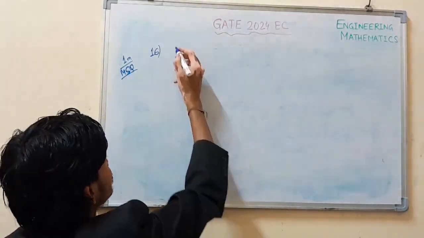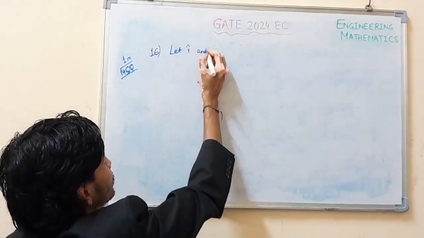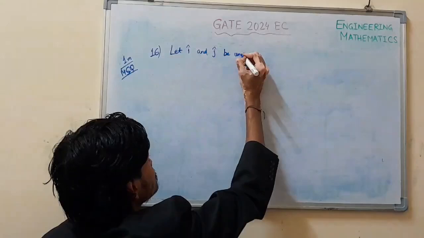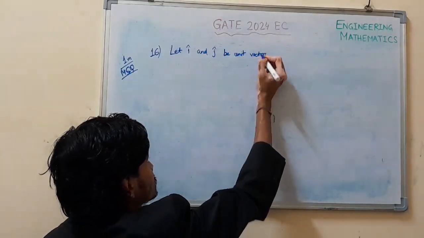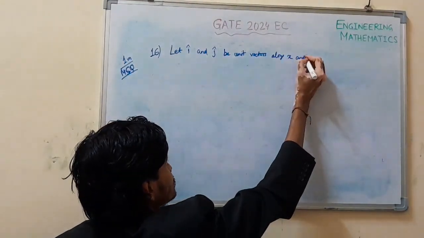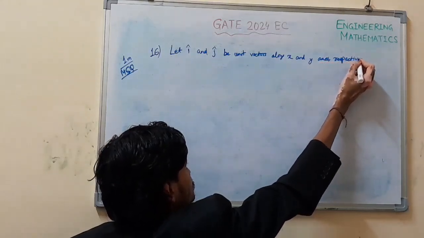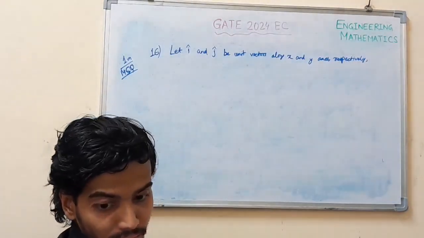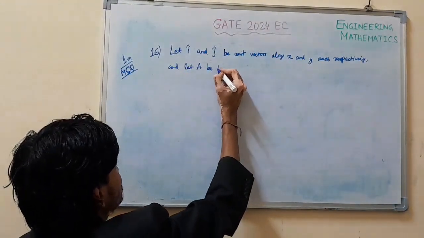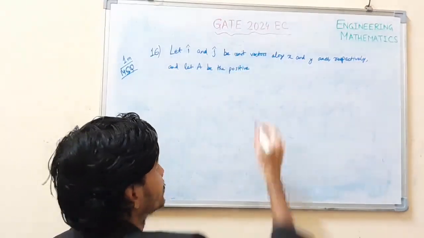The question is given here. Let i cap and j cap be unit vectors along x and y axis respectively. And let a be a positive constant.